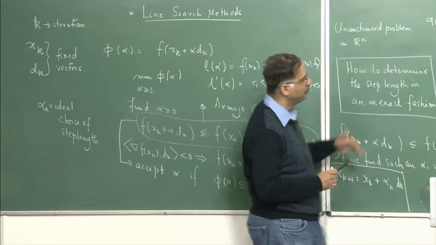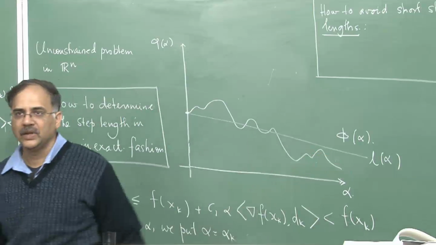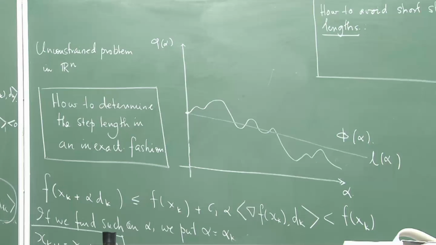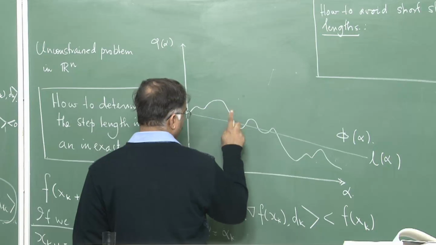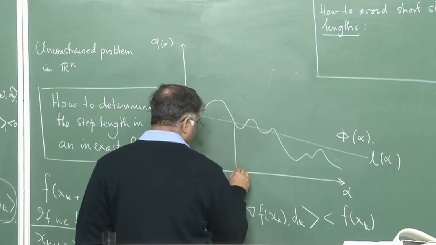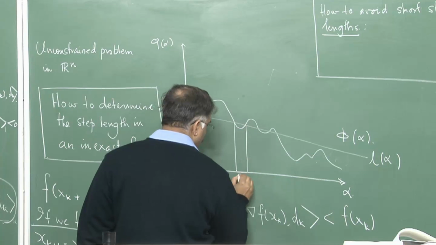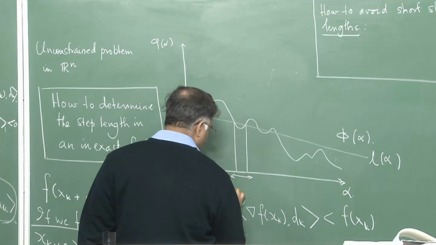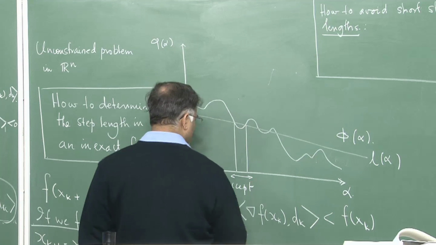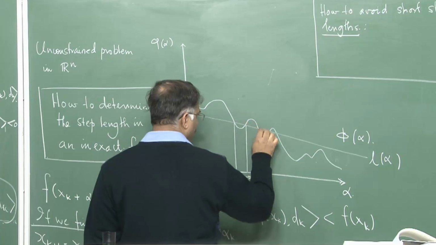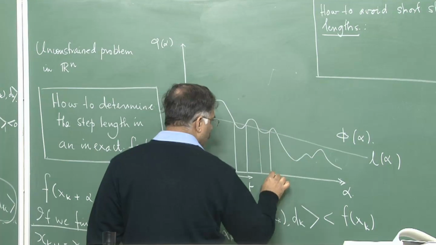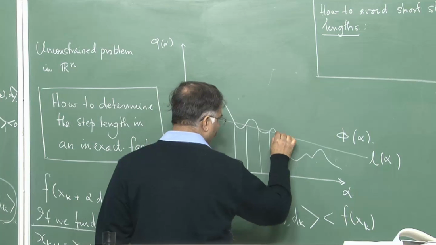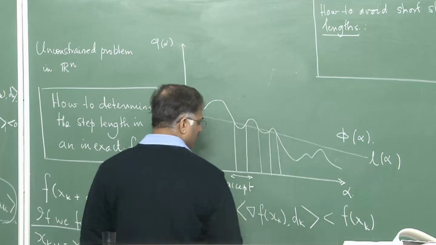So, you see there is a negative slope, the angle at which it will hit the x axis is obtuse. Here phi of alpha is bigger than L alpha, so I do not accept that alpha, here it is less. So, this is the acceptable zone. These alphas are acceptable, but these alphas are not, this alpha is again acceptable, while this is not, again this alpha is acceptable, right.